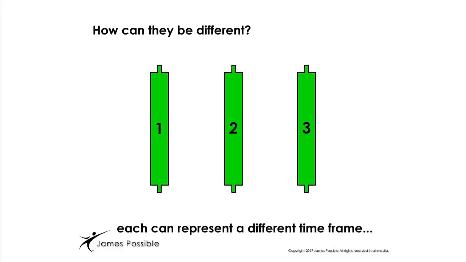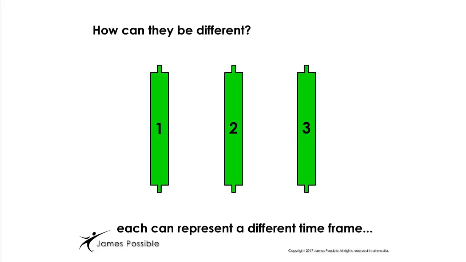Let's talk more about how they can be different. Beyond the color, each candle, even though they look the same, can actually represent a different time frame. Each candlestick, price candle, is a summary, if you will, of all the price movement that has happened within that certain period of time.